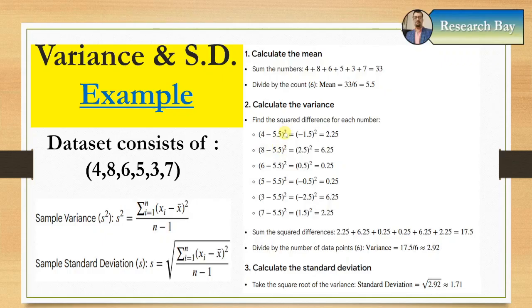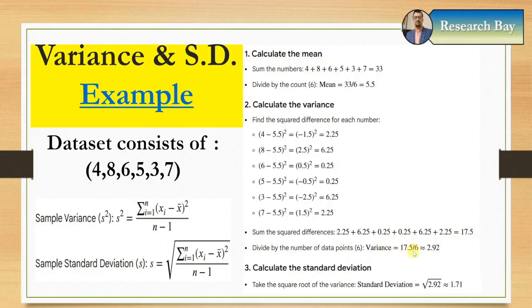And squared difference of deviation is this 2.25 for the observation which was 4. For the observation which was 8, it is 6.25. So this is the way I'll take out the squared difference for each of the 6 observations, and then I sum them up. It comes out to be 17.5. Then I divide by the number of data points, 6.